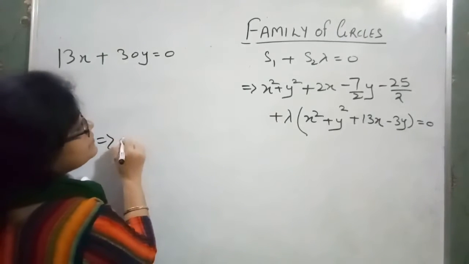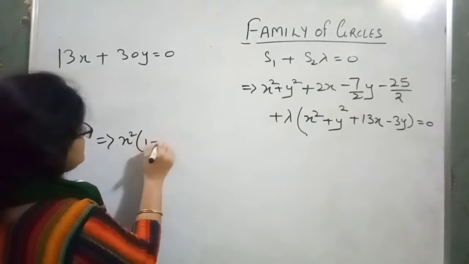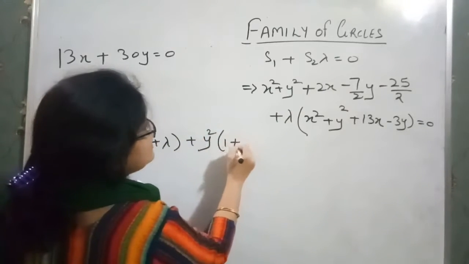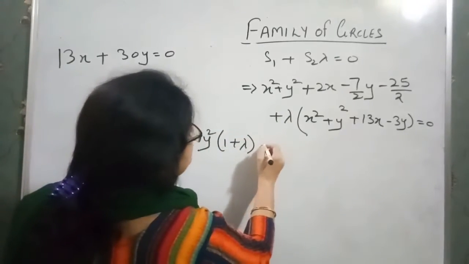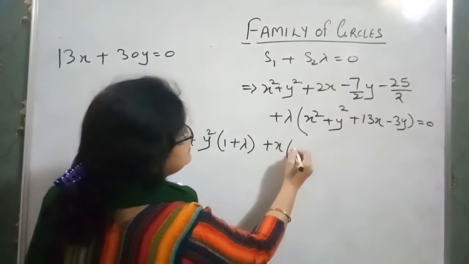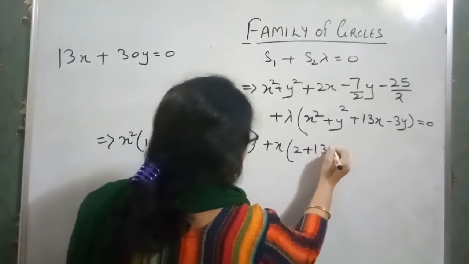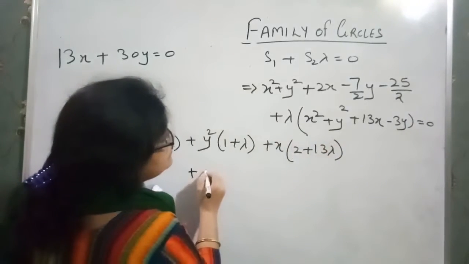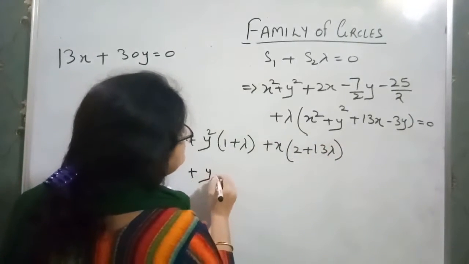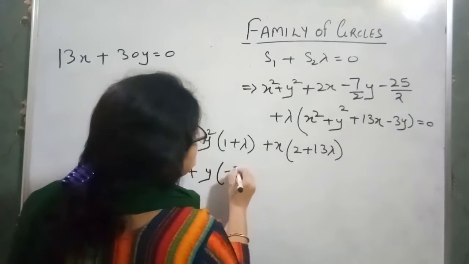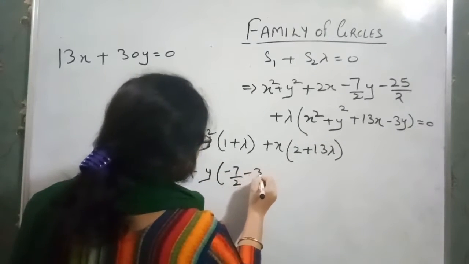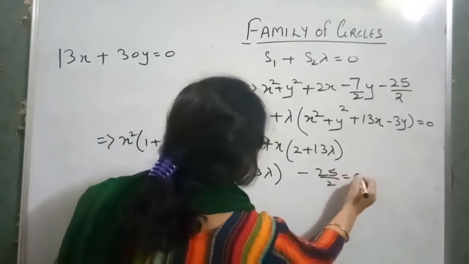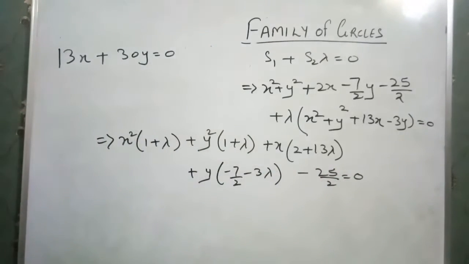So we have x square (1 plus lambda), then y square (1 plus lambda), plus x (2 plus 13 lambda), then y (minus 7 upon 2 minus 3 lambda), minus 25 over 2 is equal to 0. So this is the required equation of the circle.